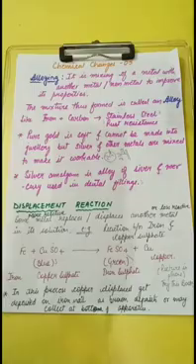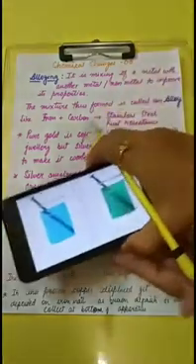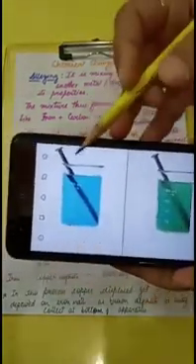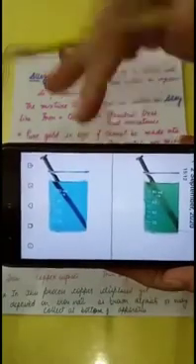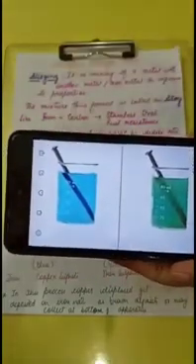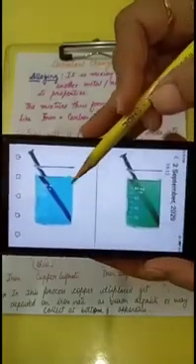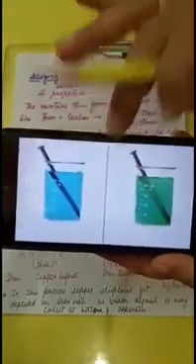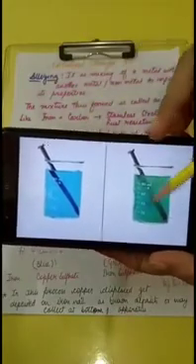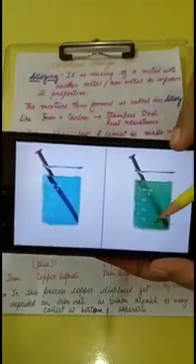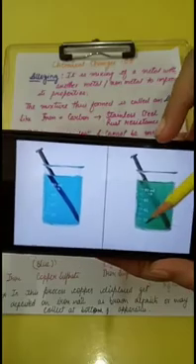Let me show you how the change occurs. See this picture. This is copper sulfate solution, and an iron nail is dipped in it. What happens? After a few hours, the color changes to green, and you can see this redness at the bottom of the beaker.